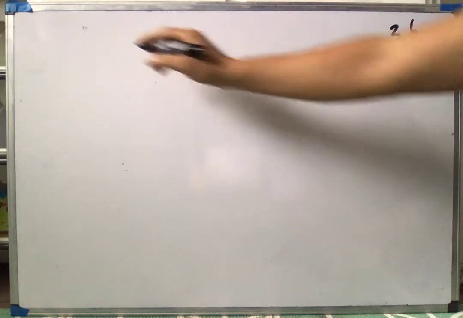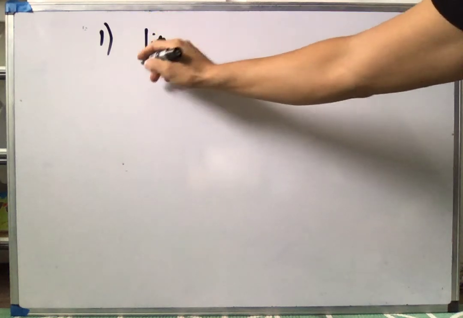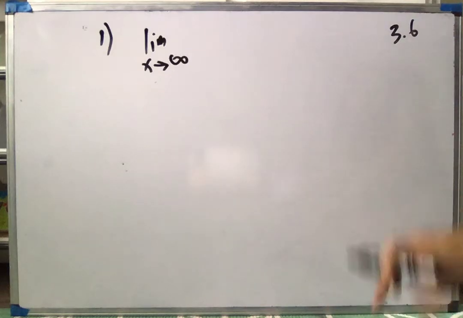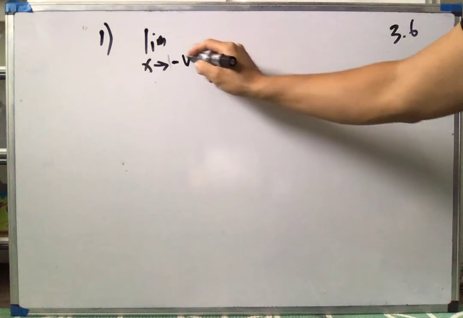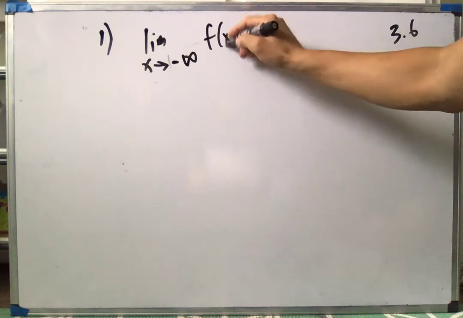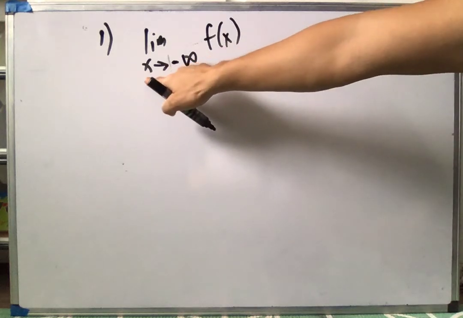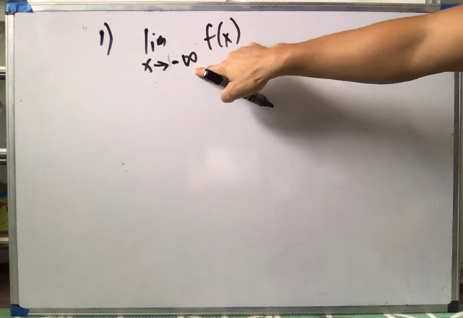Okay, so let's look at number one. It says find the limit, looking for the limit as x goes to infinity and negative infinity. Sorry, negative infinity first, negative infinity of f of x. We haven't seen limits before, but all it is, it's telling you what's going to happen as x gets closer and closer to this value.